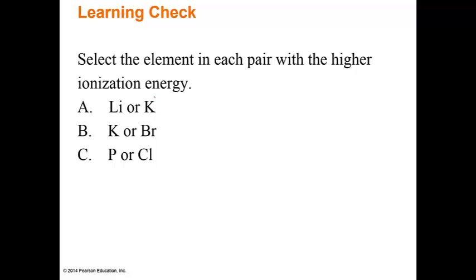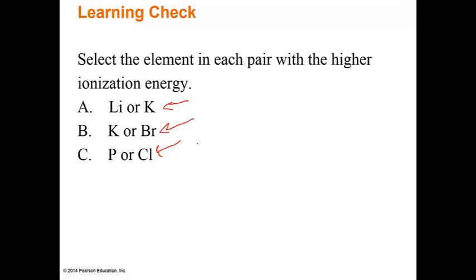So now let's select in each pair which has a higher ionization energy. Okay, so lithium or potassium. Potassium or bromine. Phosphorus or chlorine. Well, we're definitely going to say that bromine and chlorine are going to have higher ionization energy because they have more electrons. Now, what about the case of lithium and potassium?